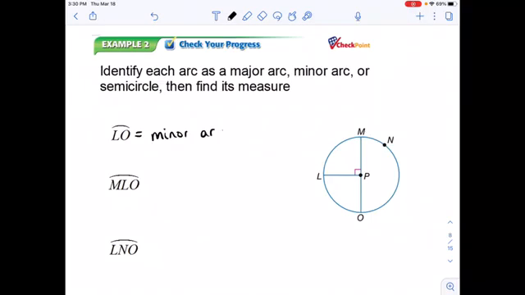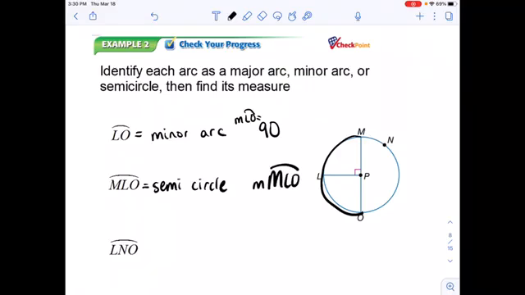LO is a minor arc. It is also 90. MLO is a semicircle. This is 180.